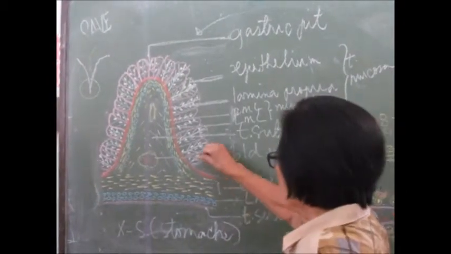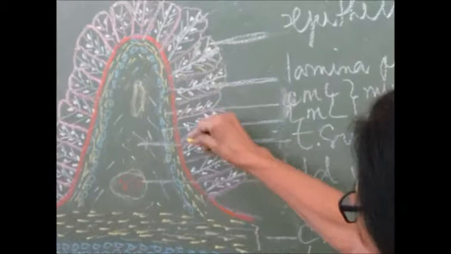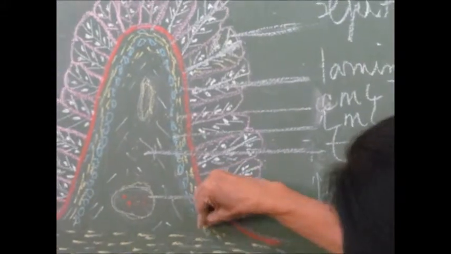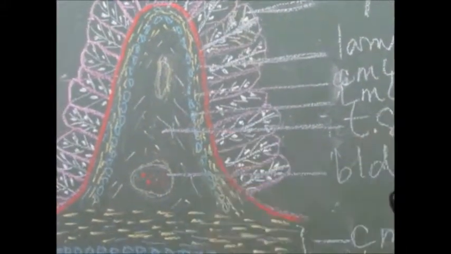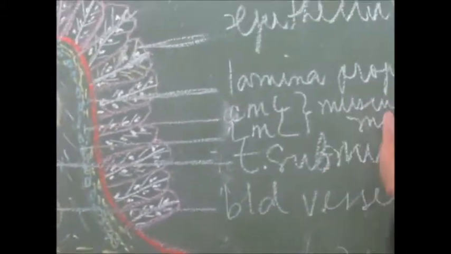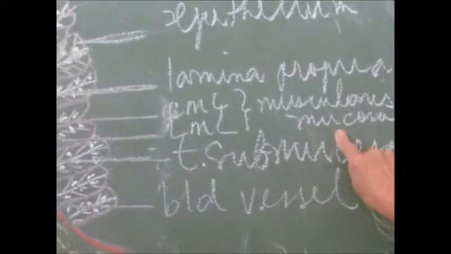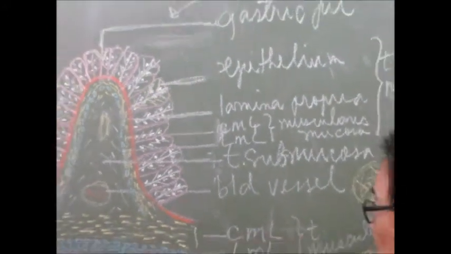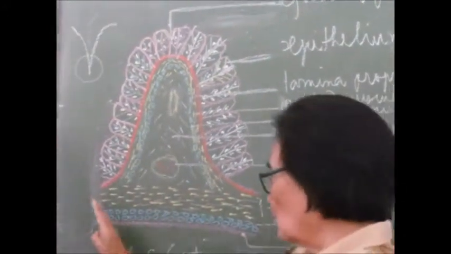Alright. So you have the outer, what is this? Circular. Then this one? Longitudinal. Both are known as tunica muscularis. Here it is tunica mucosa. Are you following? So you draw one ruga.